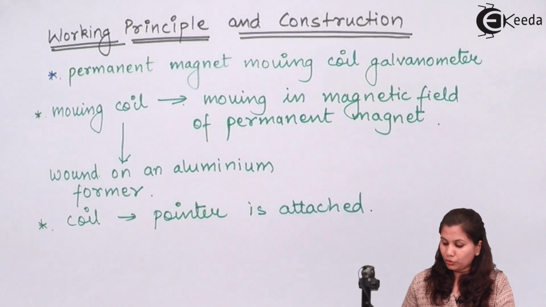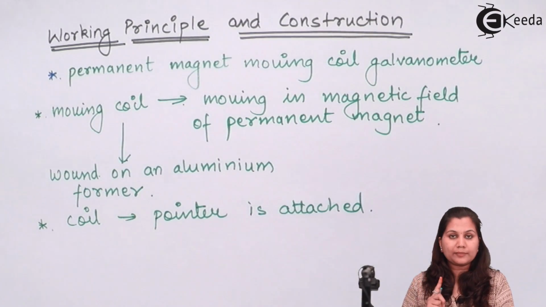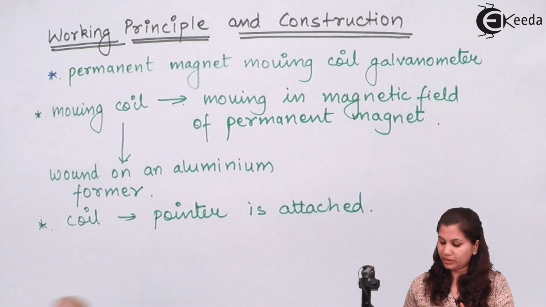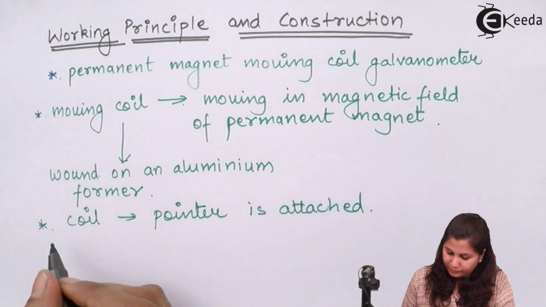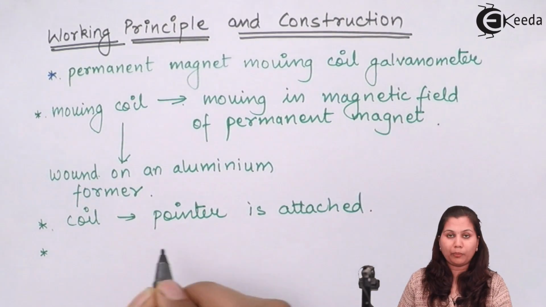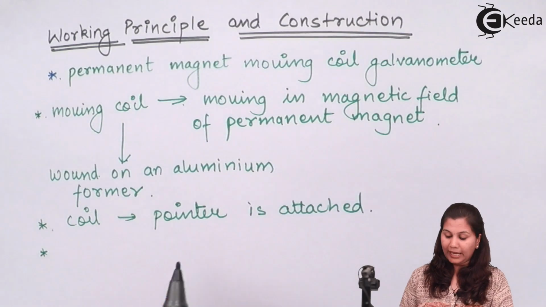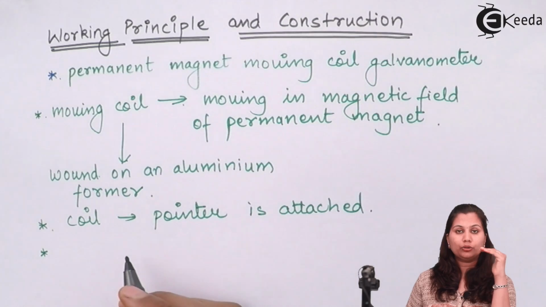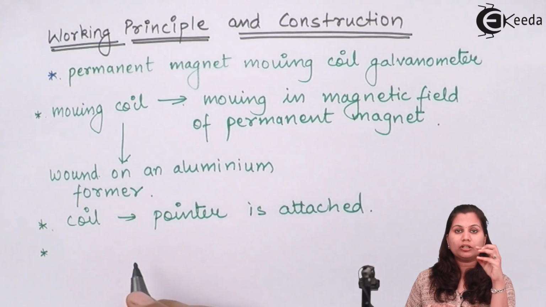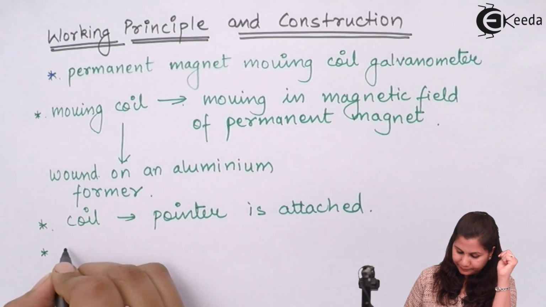Because the coil is moving in the magnetic field, as the coil moves the pointer is also going to move. The pointer moves over a scale which is calibrated to give us the readings for voltage, current, and resistance.